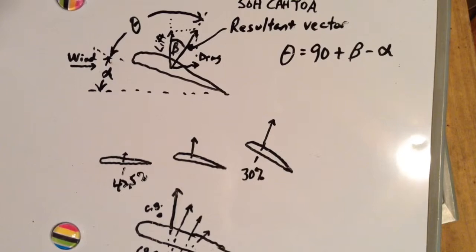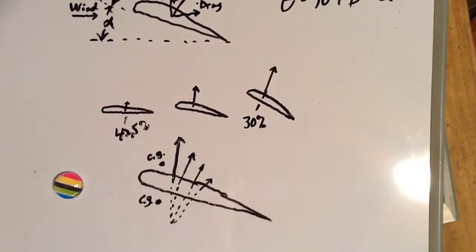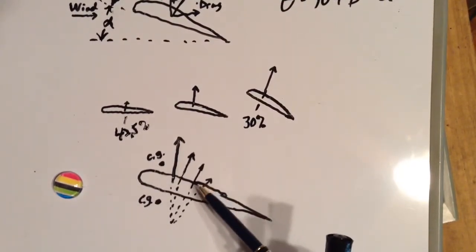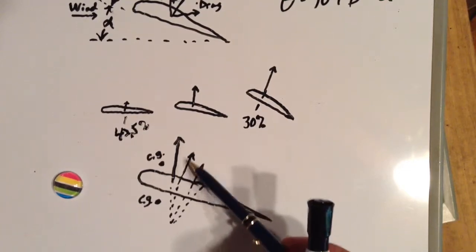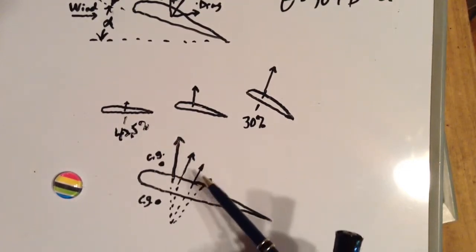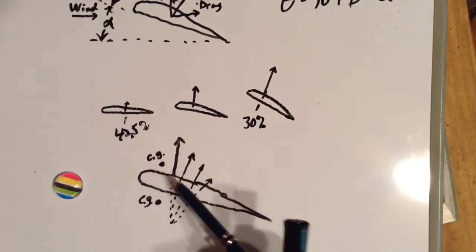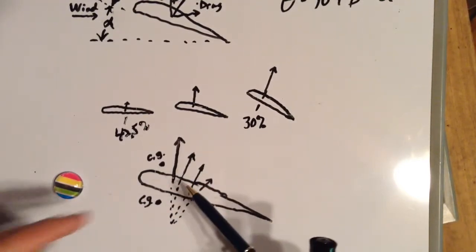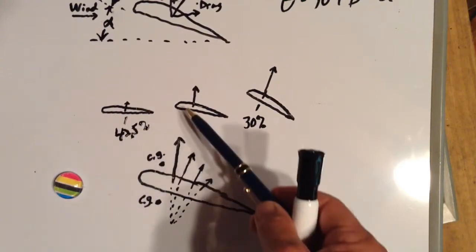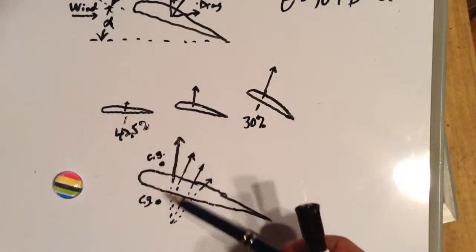So as you can see, this is what our resultant vector looks like as our angle of attack increases. This looks like one wing, but it's really this wing, this angle of attack, this angle of attack, and a bunch of them in between.